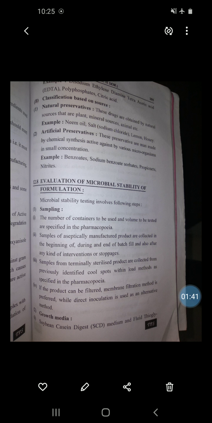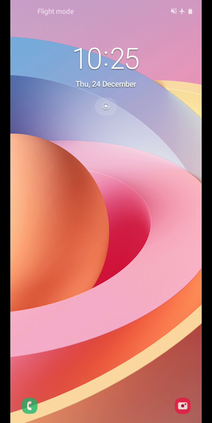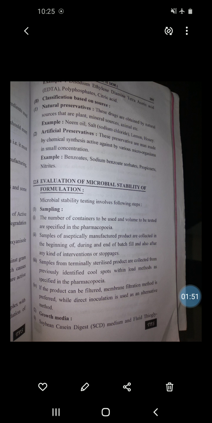I am repeating here what is important. During evaluation, the samples of aseptically manufactured product are collected in the beginning, during and end of batch fill, and also after any kind of interventions or stoppages.